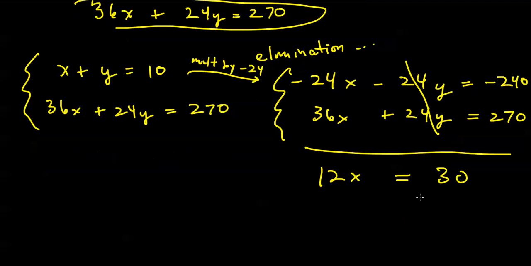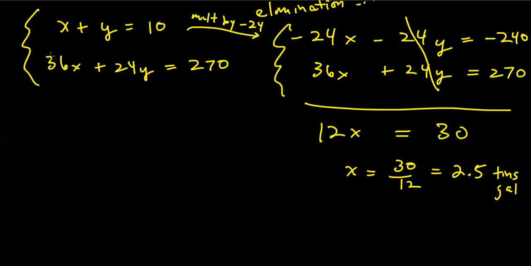And I can easily solve that for x. Looks like I'm going to get a fraction here. X equals 30 over 12, which of course reduces to 2.5, or I'll call it 2.5 tins. Remember, x was the number of tins of jalapeno.